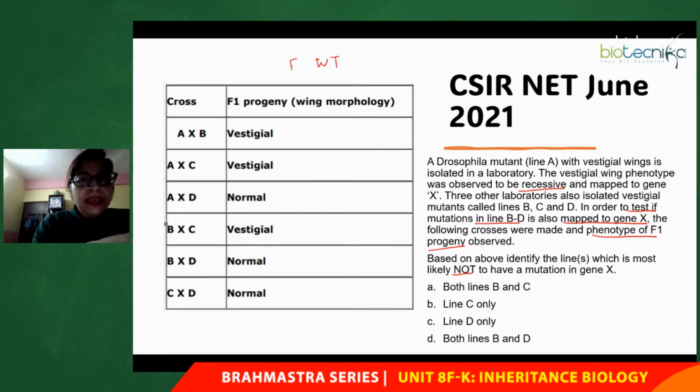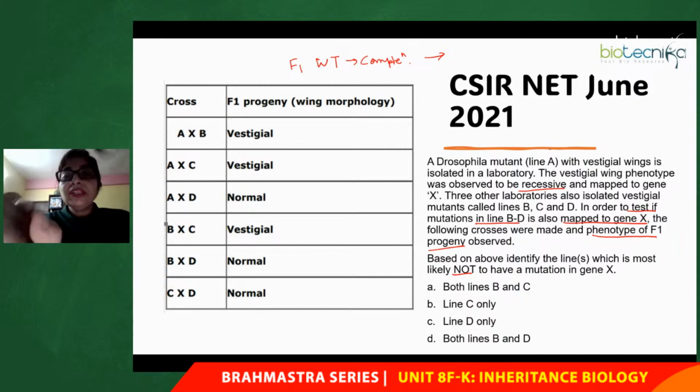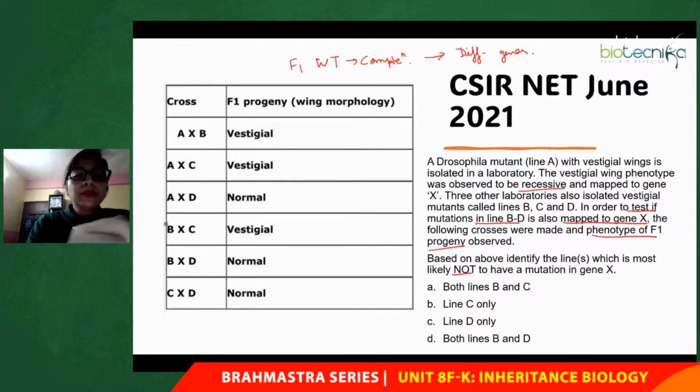So F1 having wild type phenotype means complementation has occurred, and if there is complementation, it means mutations are in different genes. What will be the counterpart of this? That if F1 is mutant, then no complementation has happened.